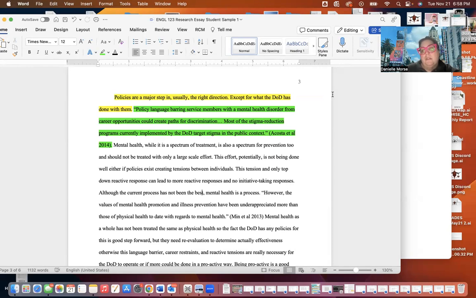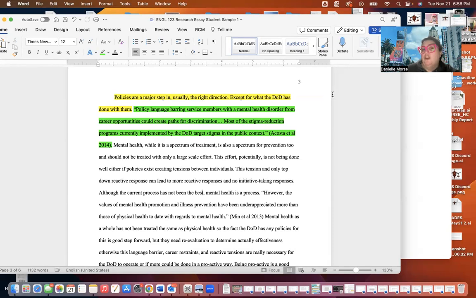And then most of the stigma reduction programs, I don't know what stigma reduction programs are. I need a definition of, like, where is that? Obviously the DoD has stigma reduction programs.